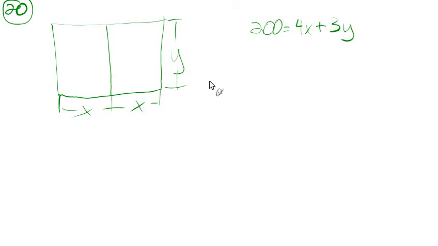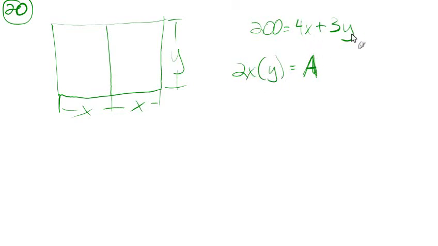And to find the area, we would say 2x times y, that's the area of a rectangle, is equal to, well, we're not sure. The area is the thing that's changing, right? It changes with respect to your choices for x and y. Now again, it's best to not have an x and a y, but to have just an x or just a y.